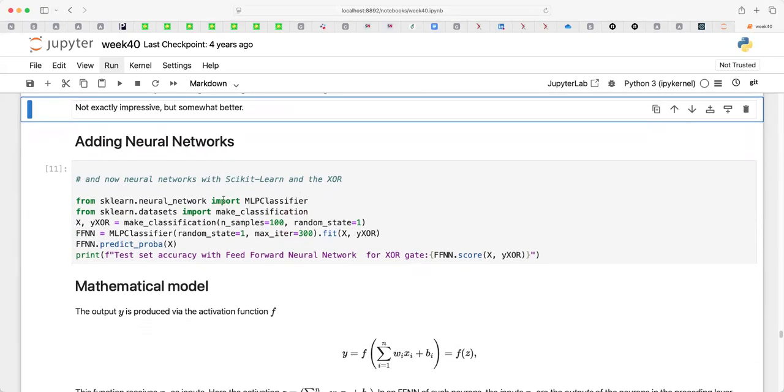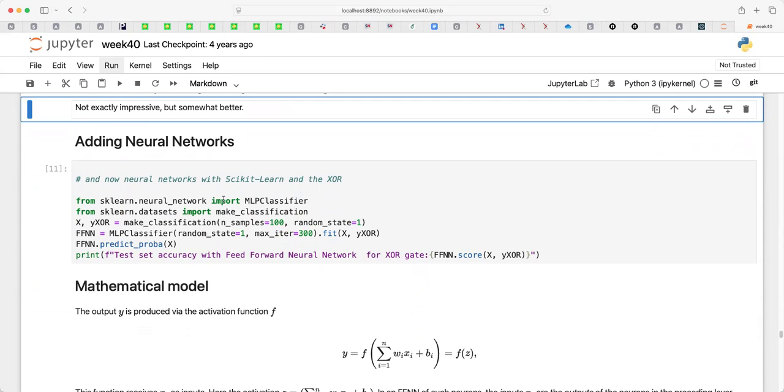Scikit-learn has a very simple neural network machinery. There's one for regression cases and one for classification. So what I've done here is to use this multi-perceptron model, which is called the MLP classifier.